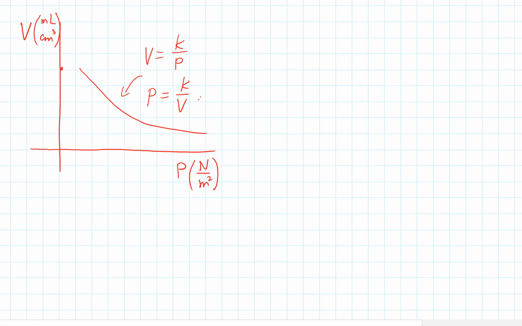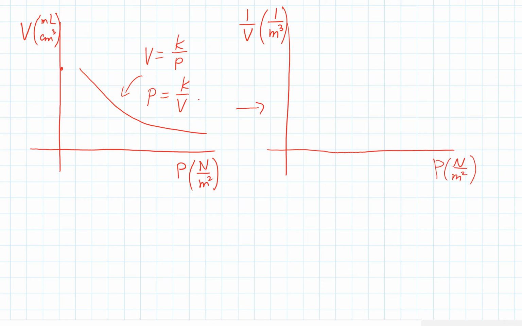And you might remember that earlier in the year, what we did to linearize was we did stuff to the X variable, and this time we did something to the Y variable. We're going to do 1 over volume, and the units for this, which we'll talk about in a moment, will be 1 over meters cubed, and we'll have the same units for pressure.